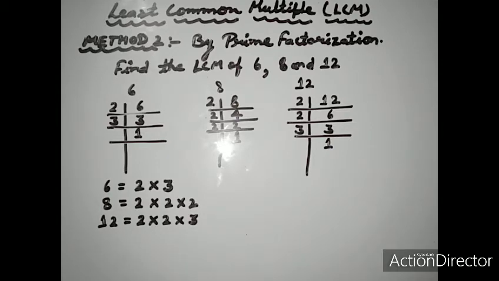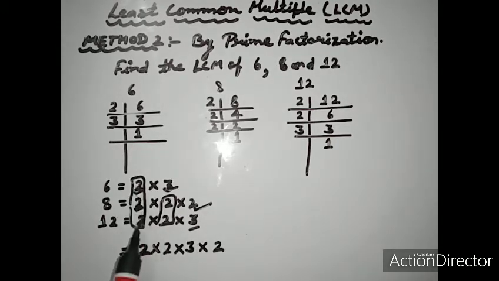So now we take common factors, 2, 2 and 2, right? First we write common factors, 2. Then there are three 2s and a pair of 3s. So we write 2 multiplied with, in the place of these 2s we write only one 2, then in the place of these two 3s we write 3 only.